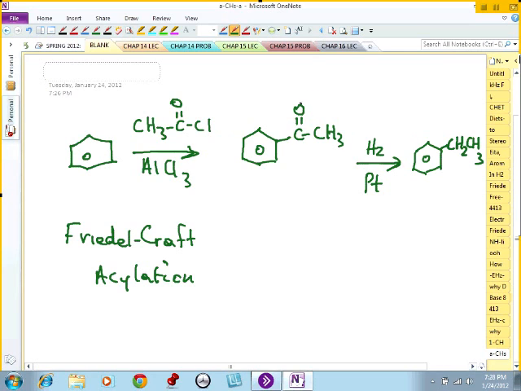This reagent will transform a carbonyl group that is attached to benzene into a methylene group, which is this one here.